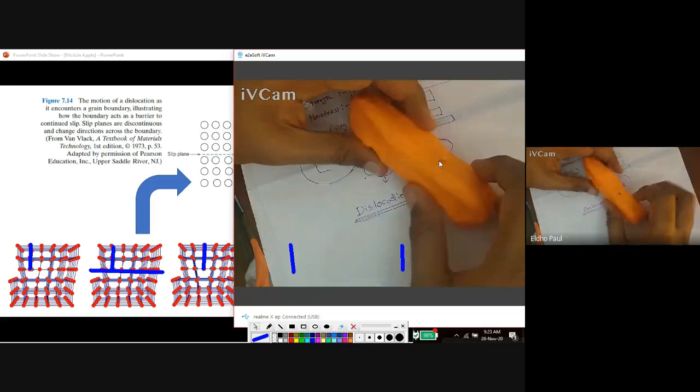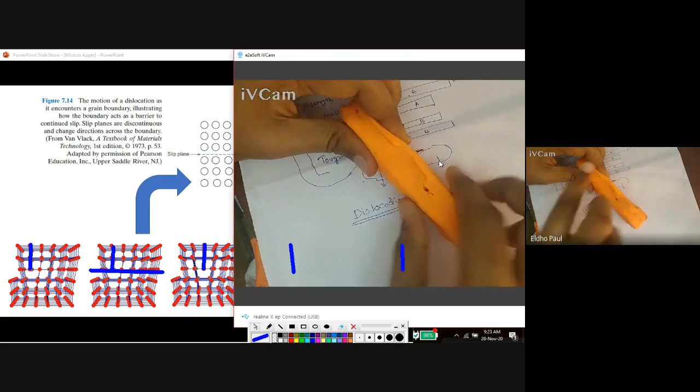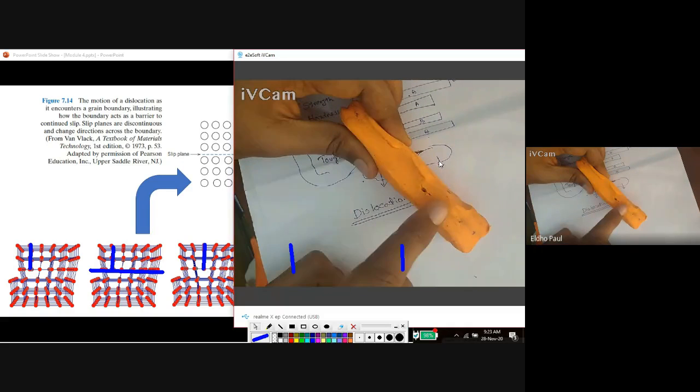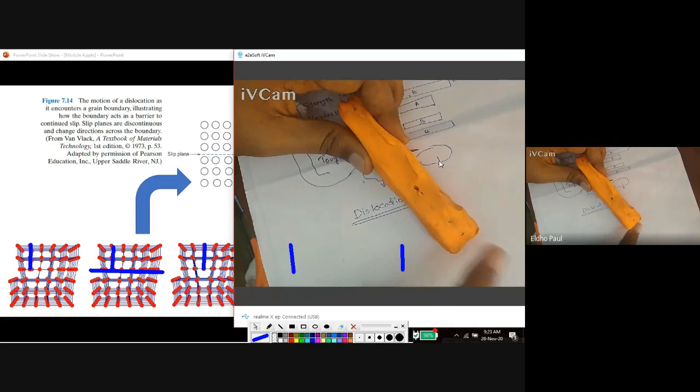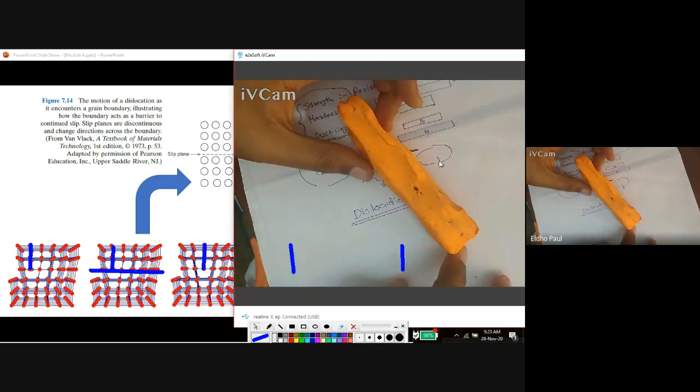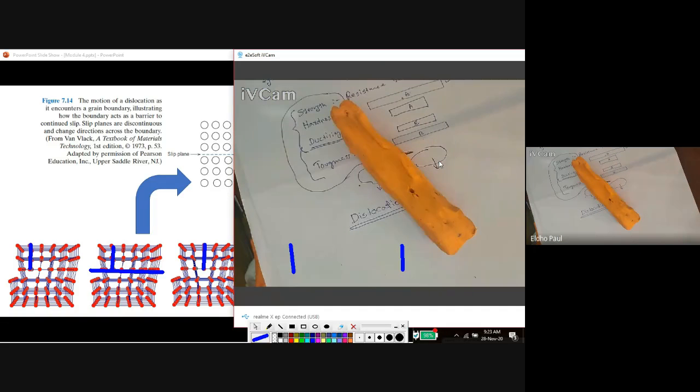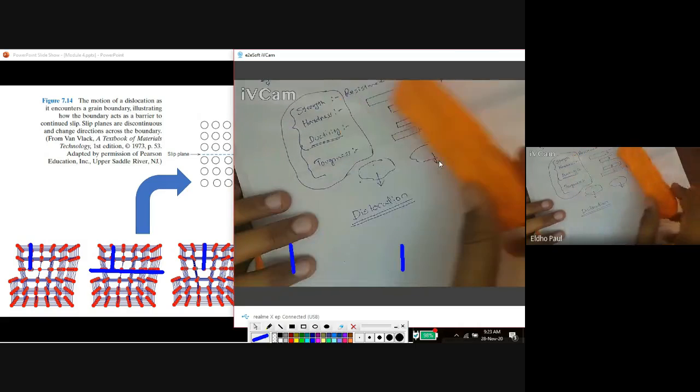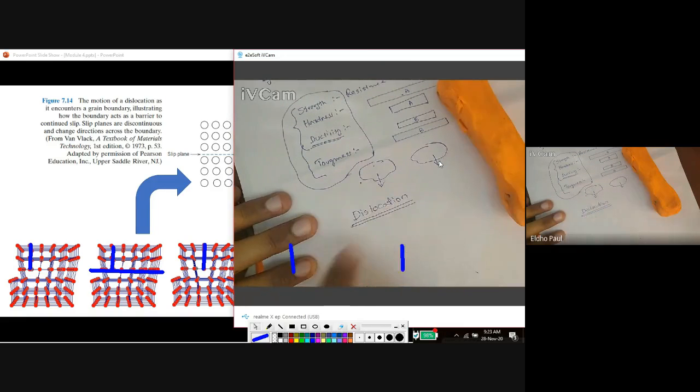When I apply external force, such dislocations move along the material, and finally an edge is created at the tip of the material, and that leads to the final deformation, or change in length, of the material. So this type of dislocation is the main reason for the strength of the material.